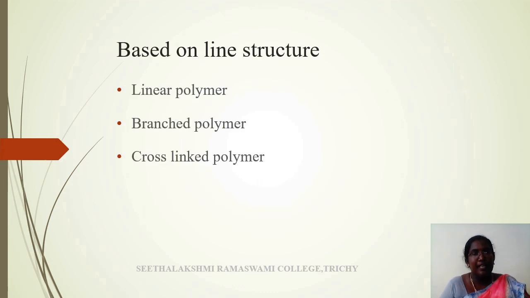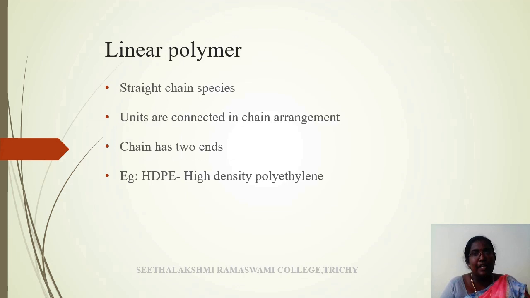Next, we are going to classify polymers based on line structure. Line structure is nothing but the backbone of the polymer, how the structure of the polymer is arranged. We classify it into three types: the linear polymer, the branched polymer, and the cross-linked polymer. Let us see what a linear polymer is. Linear polymers are straight chain species.